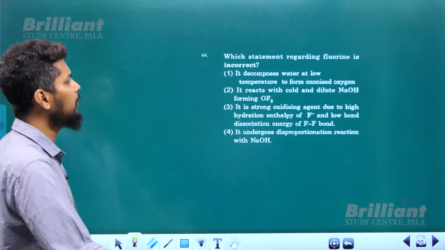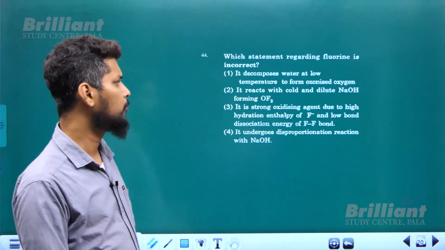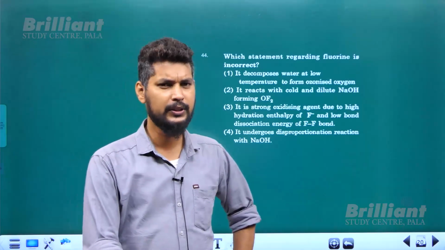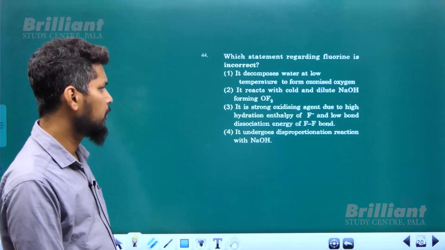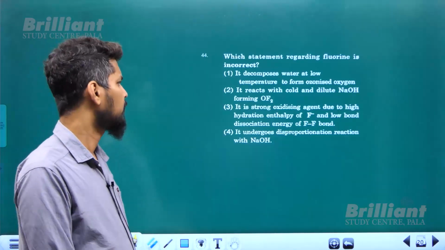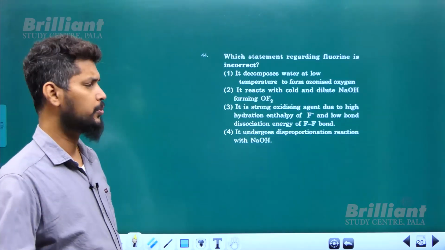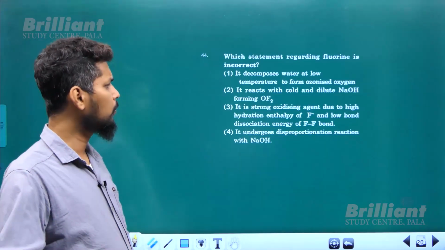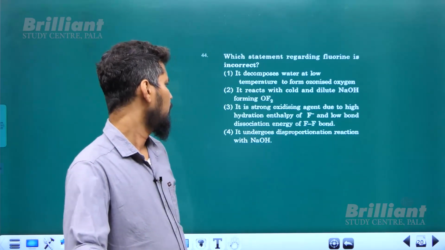Which statement regarding fluorine is incorrect? It decomposes water at low temperature to form ozonized oxygen. Yes, fluorine is the strongest oxidizing agent. It will oxidize water and form oxygen, O2, and it will further oxidize O2 to ozone. It reacts with cold and dilute NaOH forming OF2. Yes, that is correct.